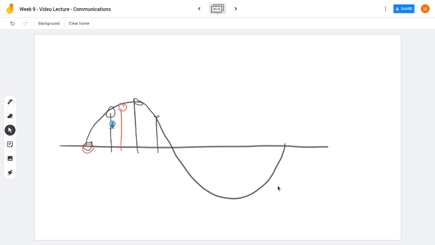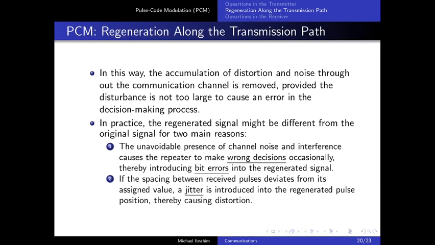So this sample has drifted like this, it was received later than it should have been. And let's say this sample is received as is in the correct timing, and let's assume that this sample has been received a bit earlier than it should be. Then if we try to reconstruct the original signal, you might get a distorted signal like this, the one in red. It's distorted compared to the original signal because of the shifted samples, or the samples arriving at the wrong time instant. This phenomenon is called jitter, and this will also cause distortion in the received signal.